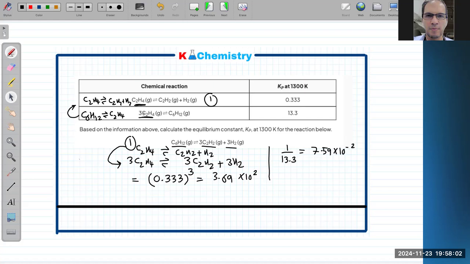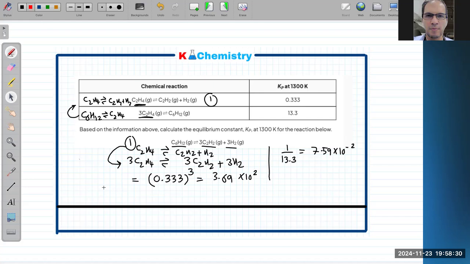In order to change this from this to this one, you did two things. The first thing is that you reversed it, and then you have combined the two equations together. So you have reversed it, so you make this new KC1, and then you have also multiplied by 3. So then you need to make the final KC for the two equations by multiplying both the two values together.